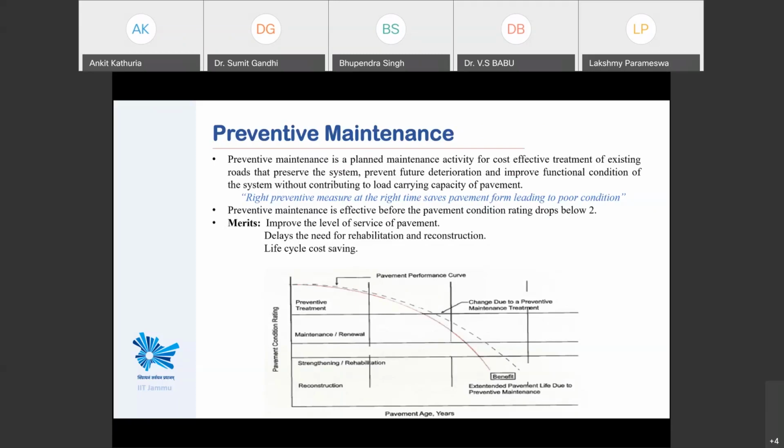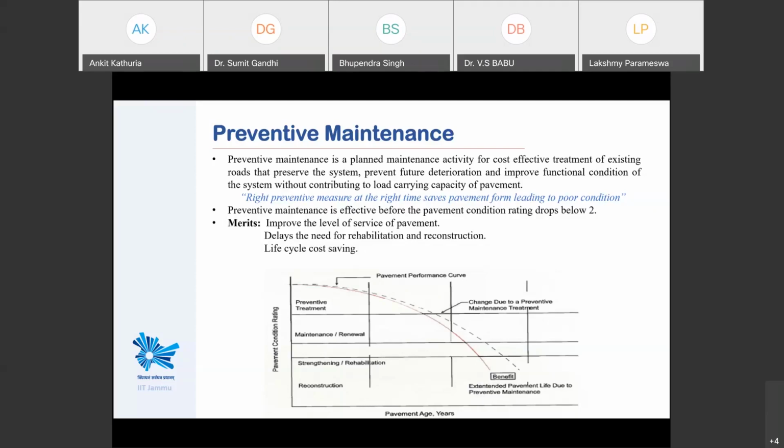Now, if the preventive maintenance treatment is taken at the right time, then the overall life of the pavement increases. If the highest pavement condition rating was 3, and it is 3 or near to 2, then preventive treatment is effective.